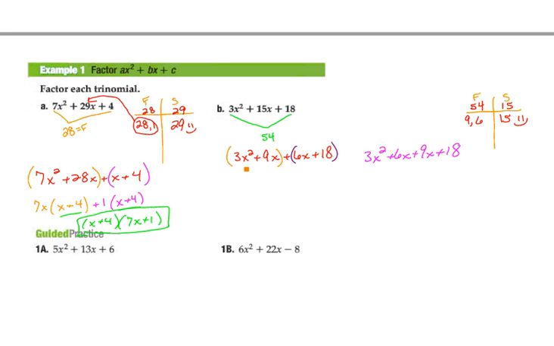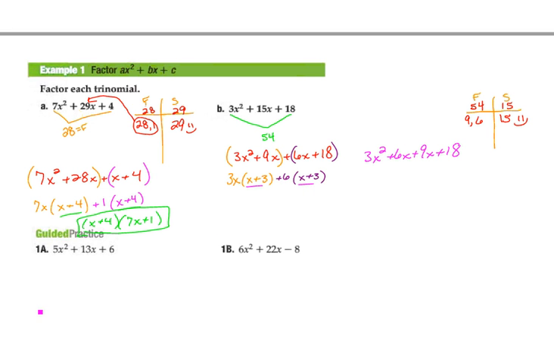So I realize they have a 3 and an x in common with an x plus 3 that's left over. Again, 3x squared divided by 3x, x. 9x divided by 3x, 3. I see these have a positive 6 in common, and they have an x plus 3 that's left over.